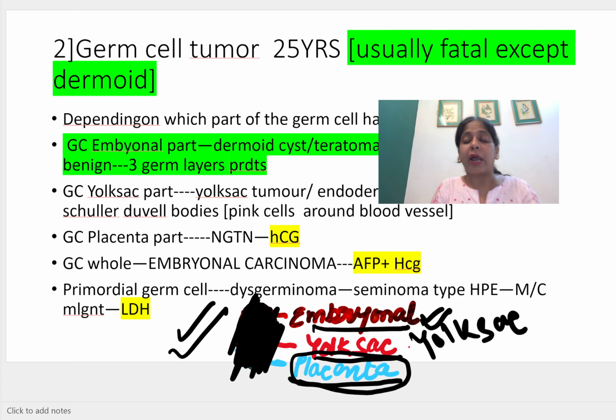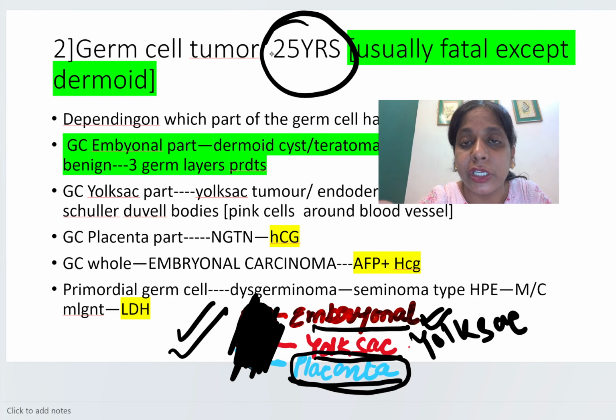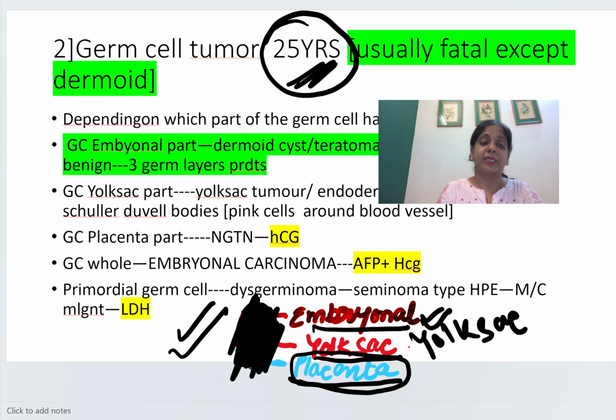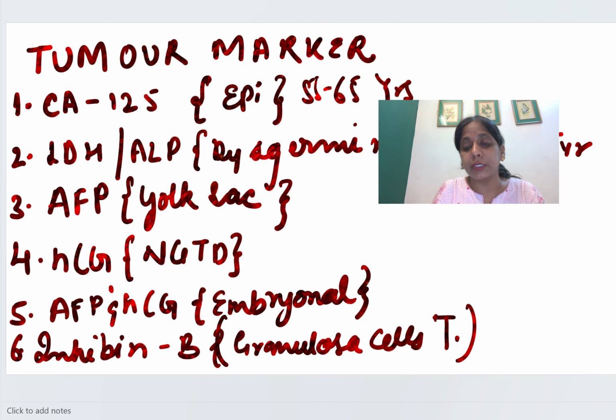Okay, so I hope now all the tumor markers are clear. These germ cell tumors are found in young age, around 25 years. These are found in young girls. This is a small slide to see which tumor markers you will send.